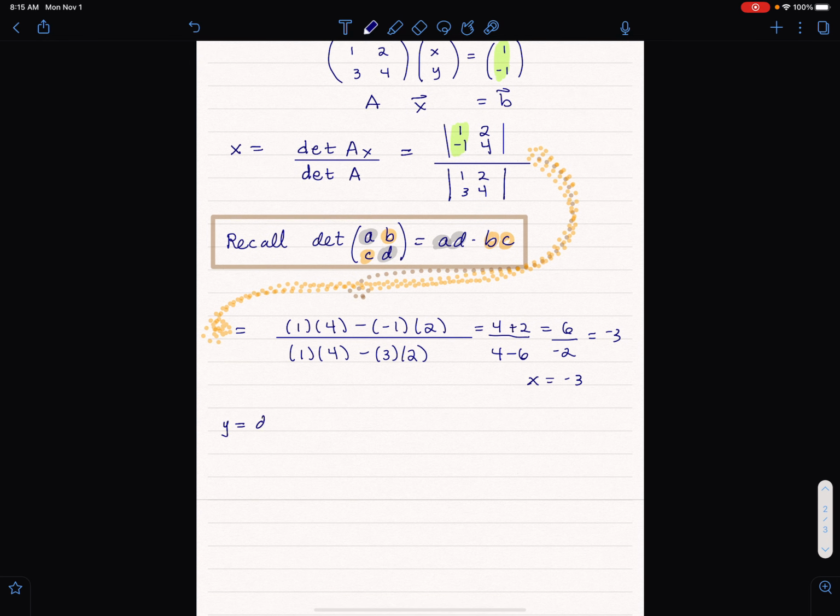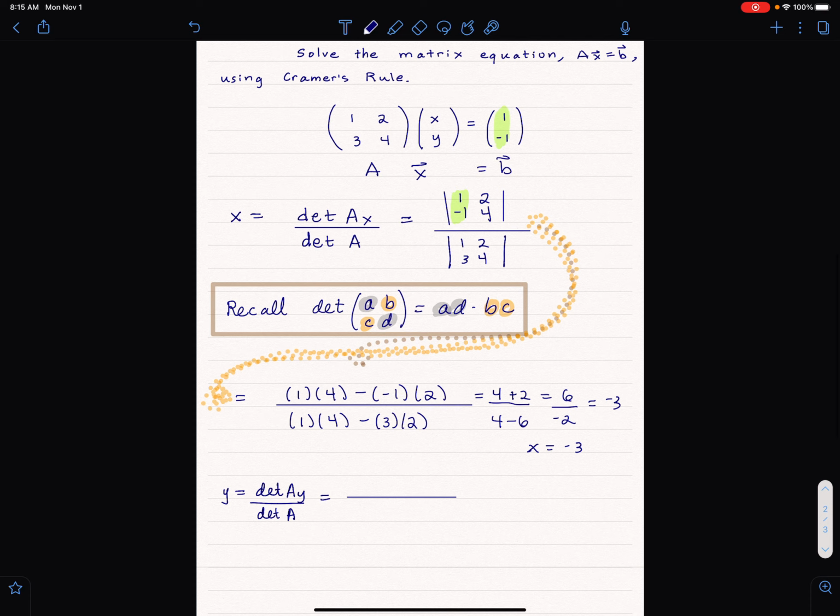is equal to the determinant of AY over the determinant of A. Again, a different book might label the matrix in the numerator with different letters, but it's all the same. The determinant of A is again our matrix of coefficients. And then AY is that same matrix of coefficients.